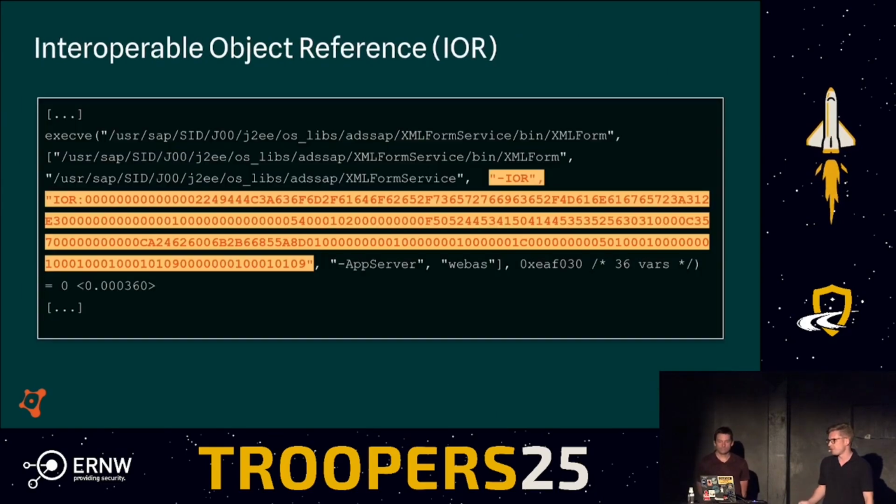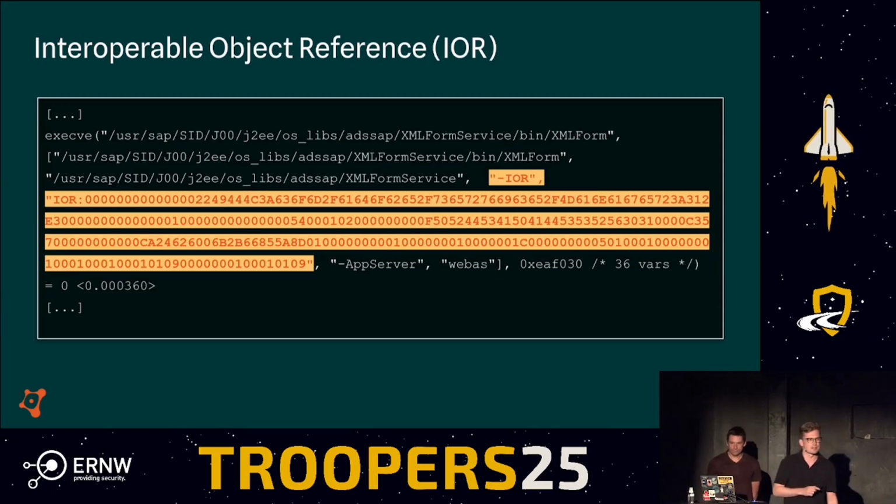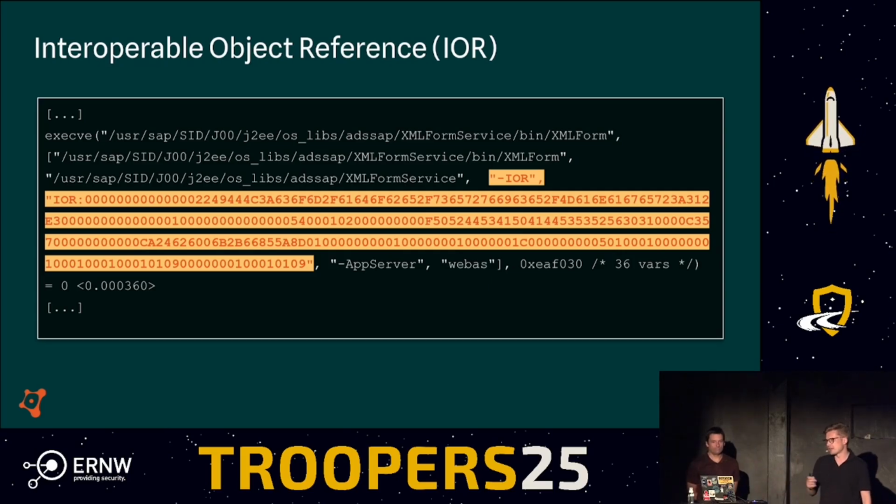And the first thing we noticed when we inspected the system calls we traced previously was that when the XML form binary is started, it received some hex data. So what's highlighted here on the screen is the hex data we have seen, and this is actually something that is defined in the standard and that is known as an interoperable object reference, or IOR.